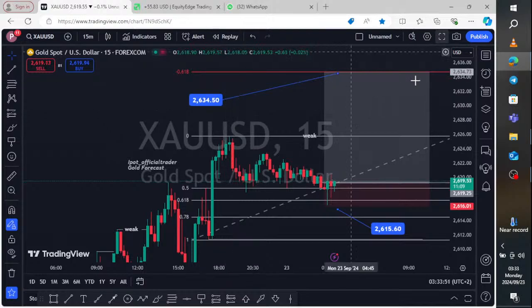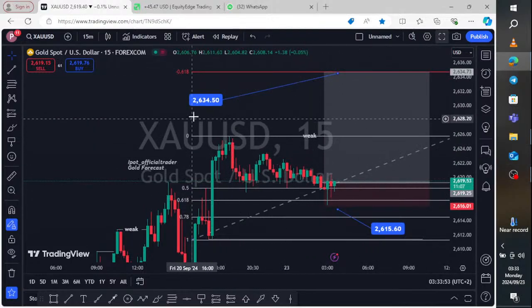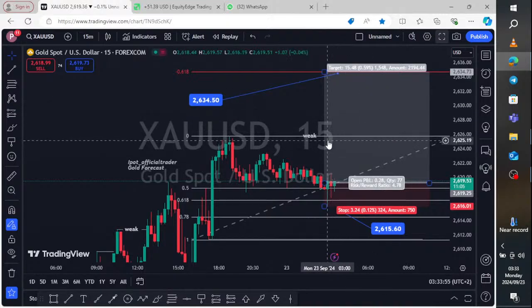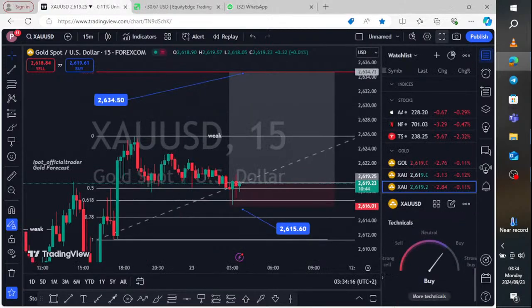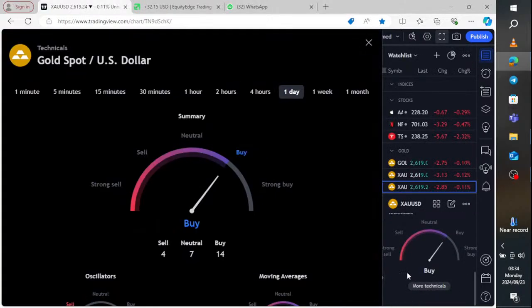So right now we're just gonna be looking at that price continuation to those areas, and then we can just see. Let's take a look at smaller time frames for now, because remember I told you the technicals are saying something.